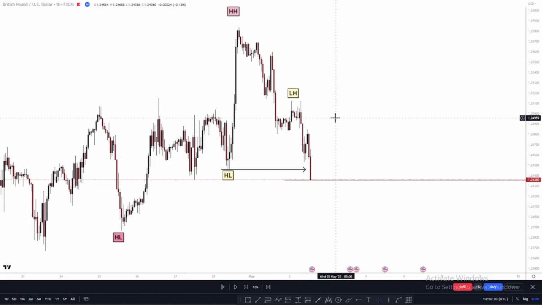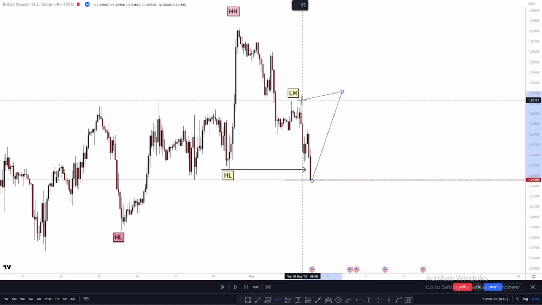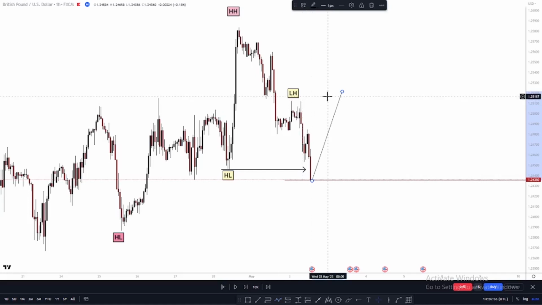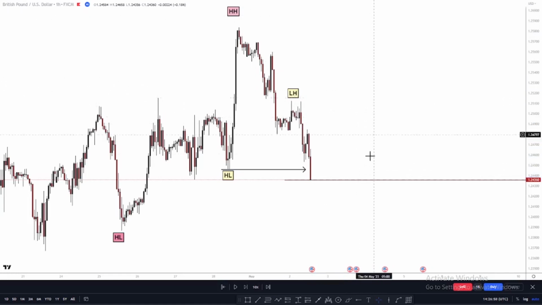Alright? So from here, how does the H1 turn bullish? All we need to do is wait for price to come above and close above our H1 lower high. Do you get what I mean? I repeat, how does the H1 turn bullish?